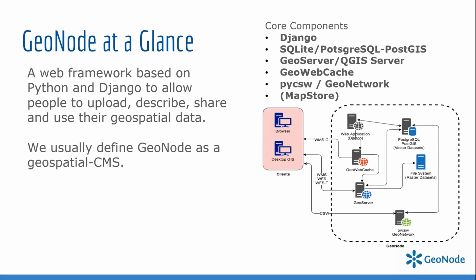That means that you don't have to be a GIS expert in order to start publishing your geospatial datasets, because one of the main goals of GeoNode is to provide an easy way to directly upload geospatial datasets into the framework and create maps, and also add some metadata easily and expose also those datasets through the standard OGC protocols.